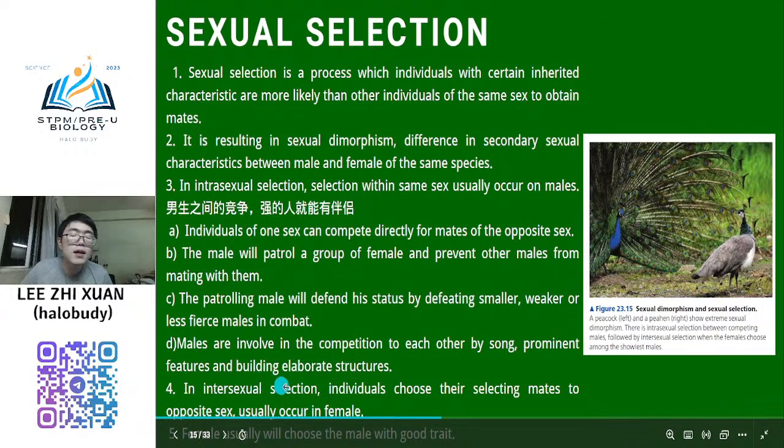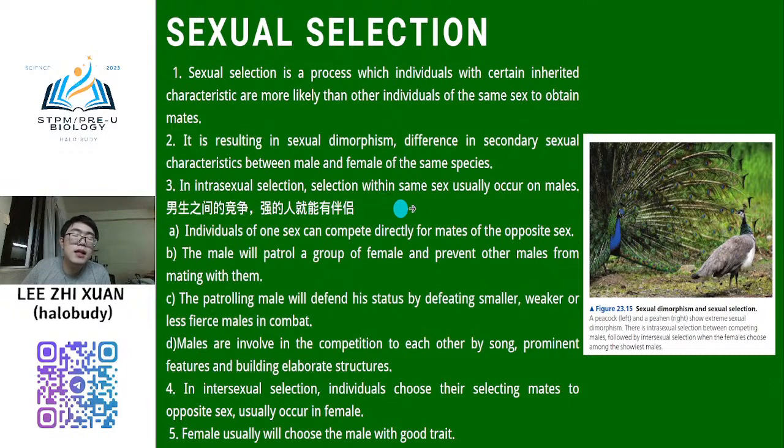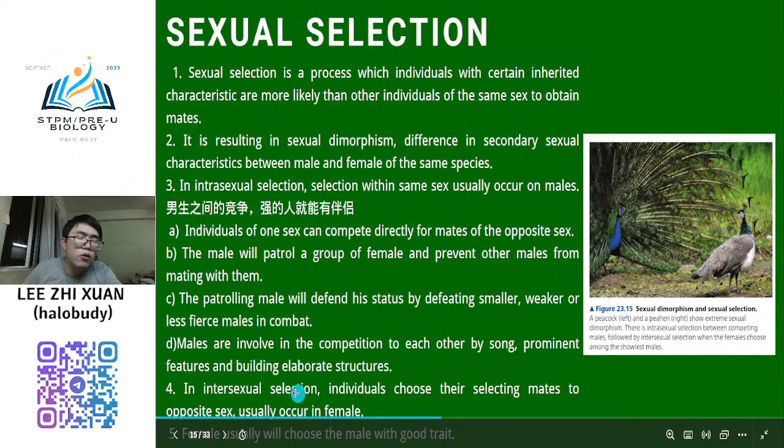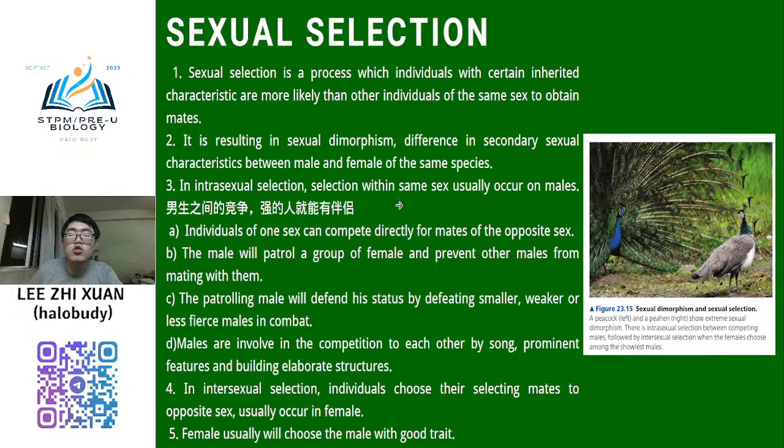So normally choosing selection occurs in female. In male normally is selection within same sex. So selection within same sex means that there is competition between the same sex like male. Kami ada pertandingan punya. Kalau lain lelaki kawan dengan girlfriend awak, memang awak sangat marah punya.